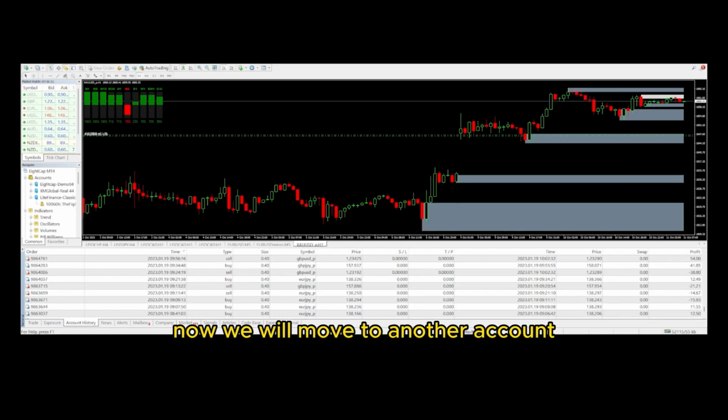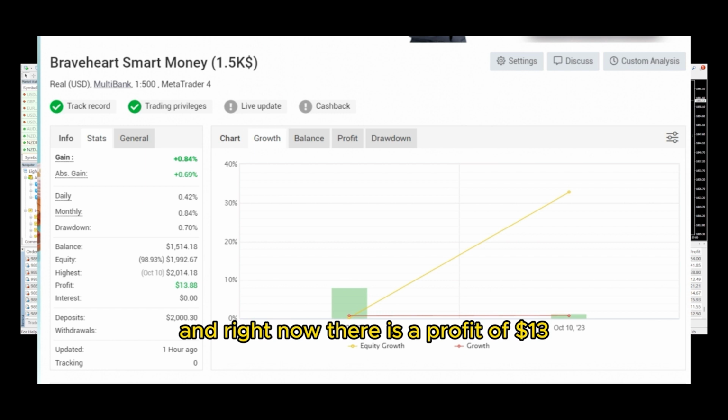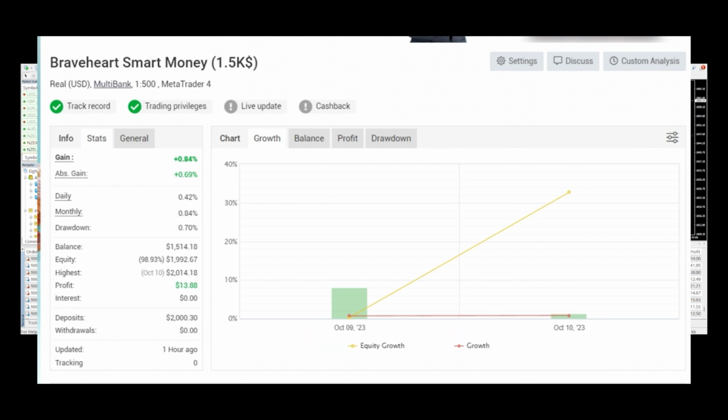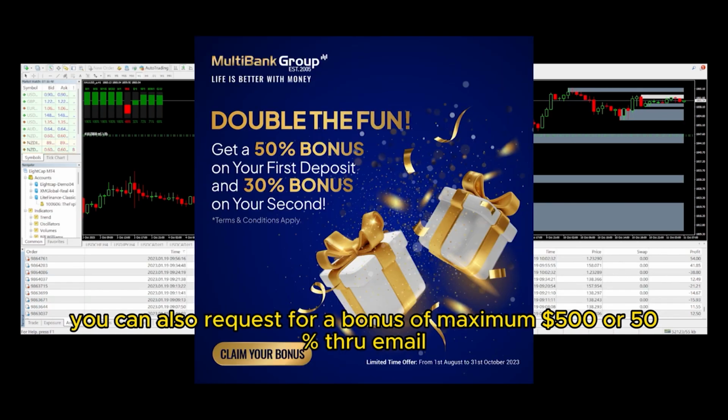Now we will move to another account. This account started only October 9th, 3 days ago, with a balance of $1,500. And right now there is a profit of $13. And take note, if you are using multi-bank, once you deposit above $200, you can also request a bonus of a maximum of $500 or 50% through email.